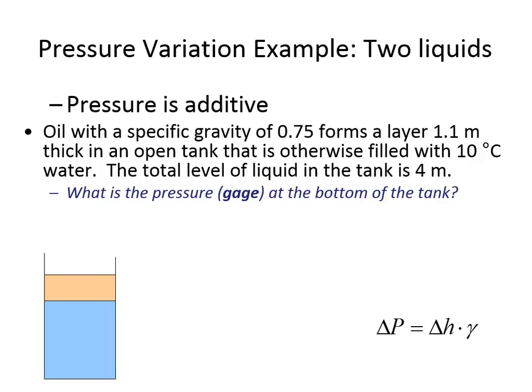How can we find the density of that oil? If Sg is 0.75, what does that mean about the oil? What is the density of the oil? Anybody remember the definition of specific gravity?